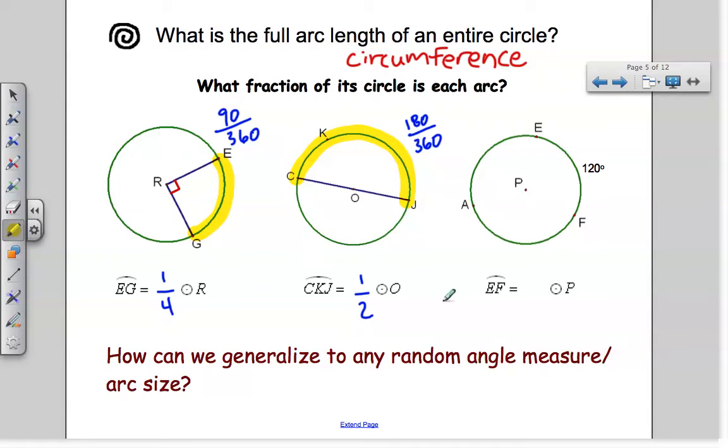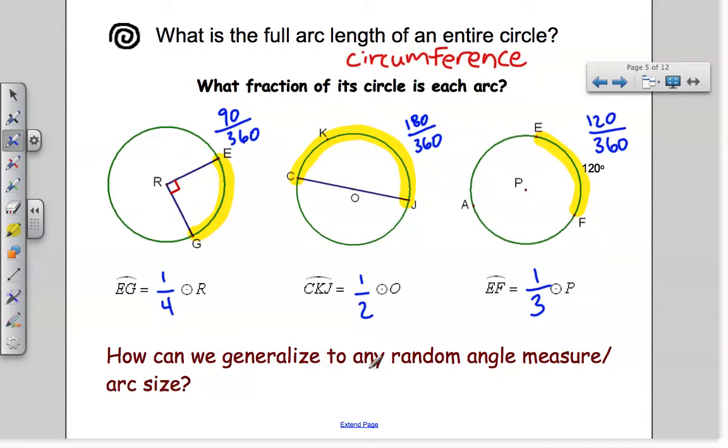And finally, what about over here, arc EF? What portion of the circle is this arc? Well, wait, this is 120 degrees. How many 120 degree angles are there in a 360 degree circle? That reduces to 1/3, right? Really, this is 1/3 of the circle's whole circumference, 1/3 of the circle's whole arc.